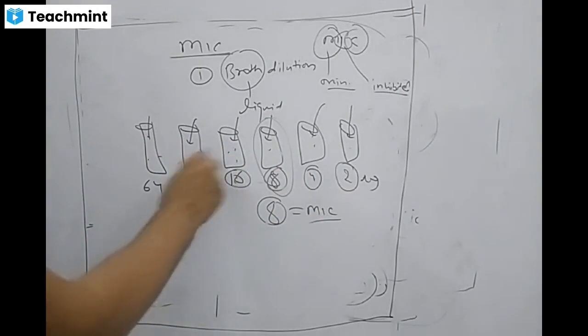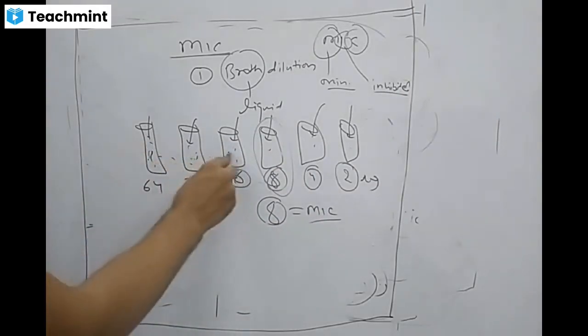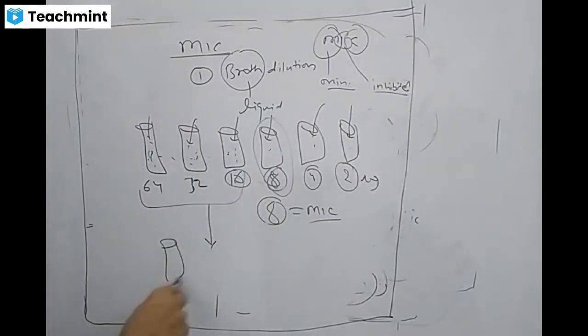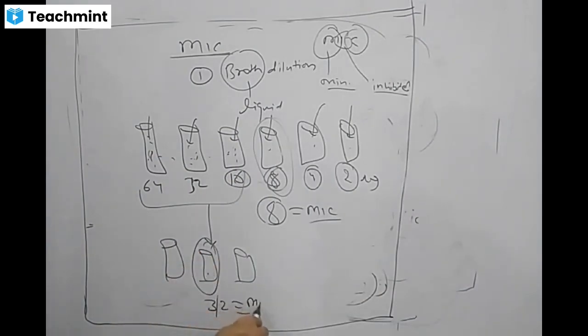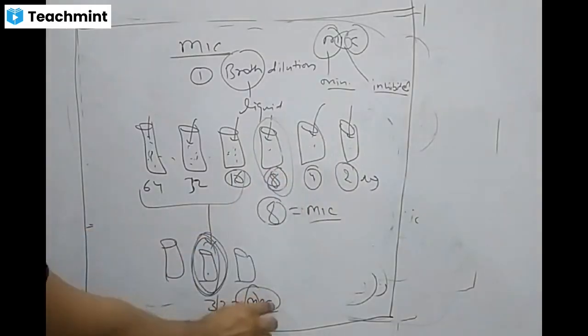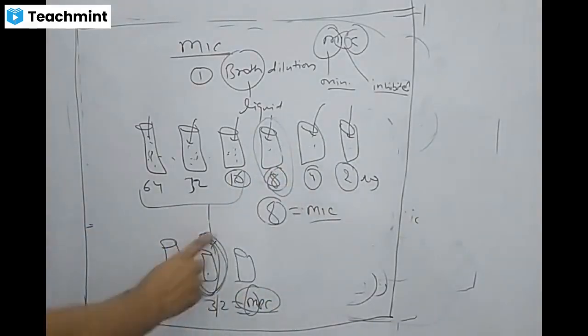In all the other beakers, we check after 24 hours in which one the bacteria are killed. Suppose this is the 32 one, that is MBC. So MBC is the minimum concentration where you will find the death of the bacteria, and MIC is the minimum where growth is inhibited.